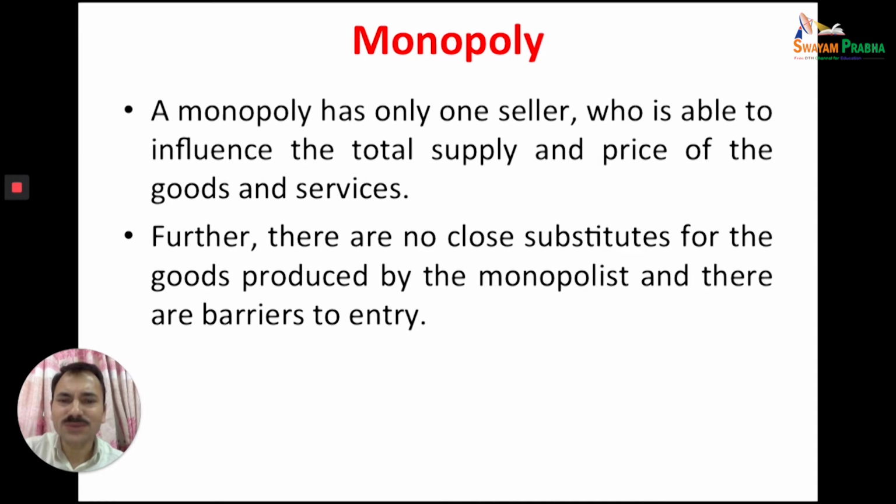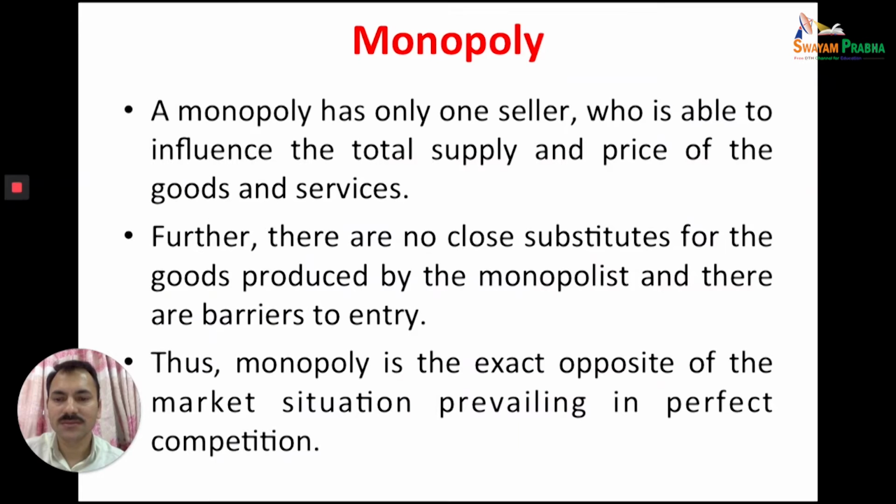There are no close substitutes, meaning the product which the firm is producing has no close substitutes. And there are barriers to entry, meaning unlike perfect competition, the firm cannot enter or exit freely in the market. Thus, monopoly is the exact opposite of the situation prevailing in perfect competition.